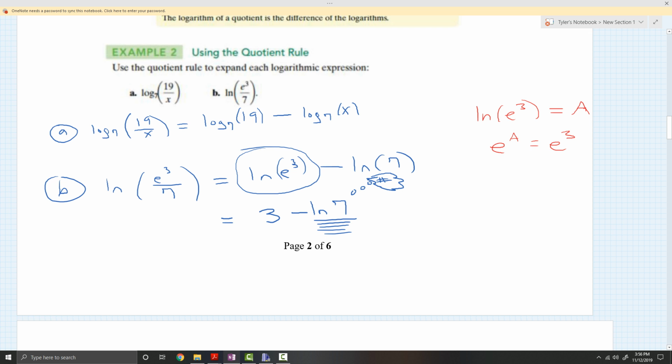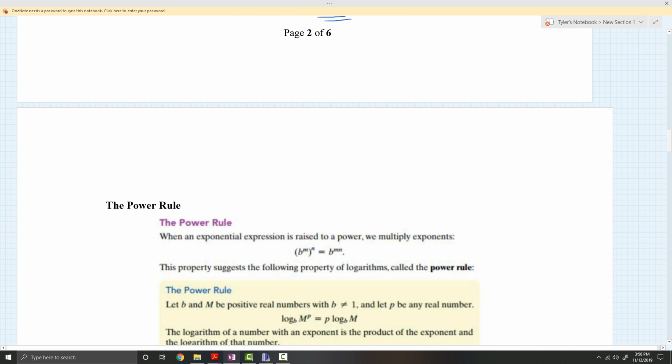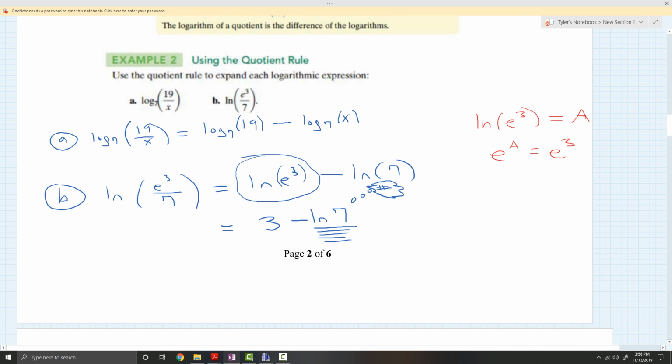Using that previous note from above, I know that these exponents must match. In other words, A must be 3. So we can plug back in, A is just 3. So this natural log of e cubed is just 3, and that's how I know that. So we get 3 minus natural log of 7.